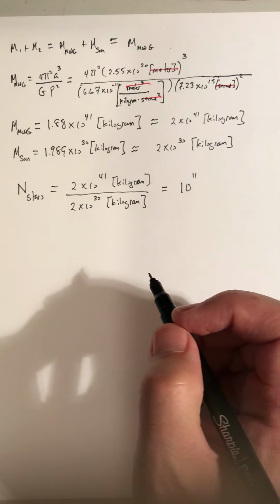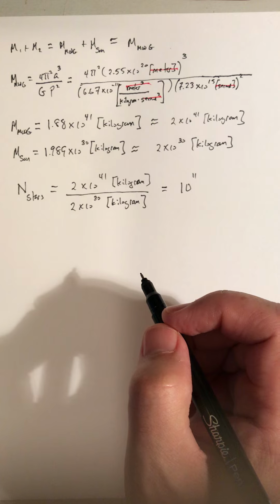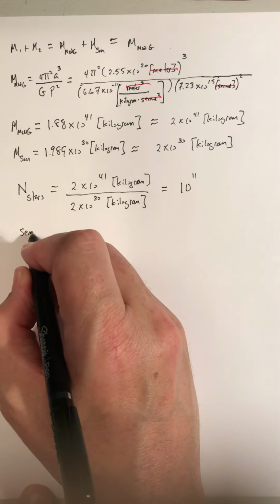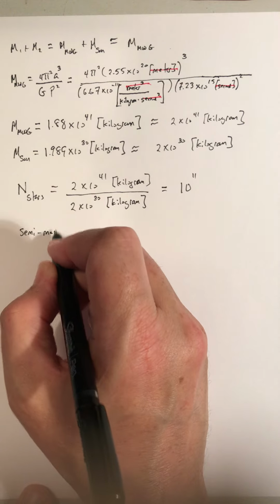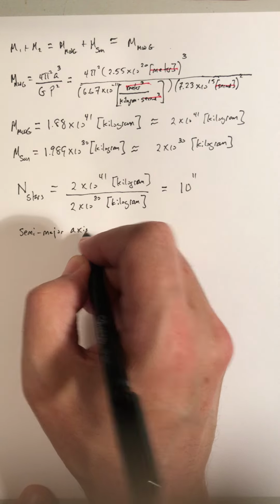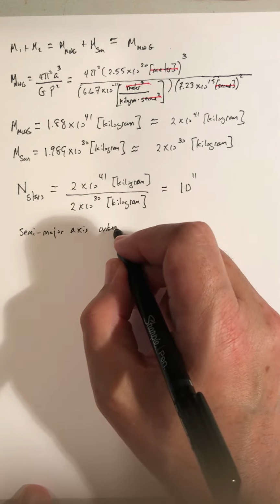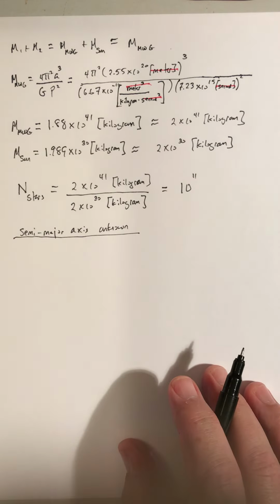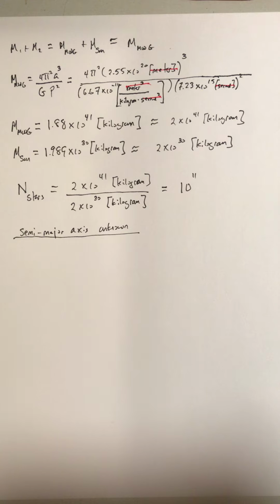All right, and do another example. And in this case, we're going to have the unknown is the semi-major axis. And we're going to do this for the Earth and the Moon.